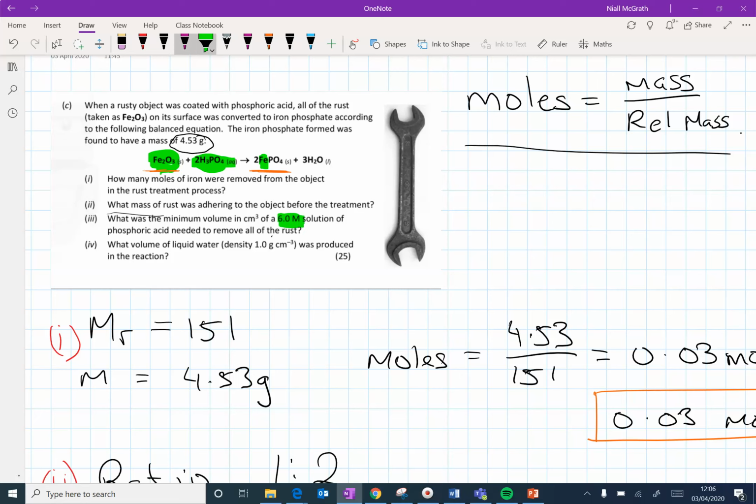From our balanced chemical equation, we can work out the number of moles of the phosphoric acid. There's a 1:2 ratio between the iron oxide and the phosphoric acid, so with 0.015 moles of iron oxide, we have 0.03 moles of the phosphoric acid.